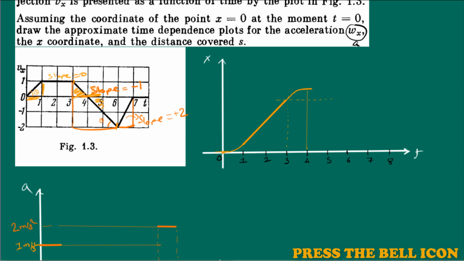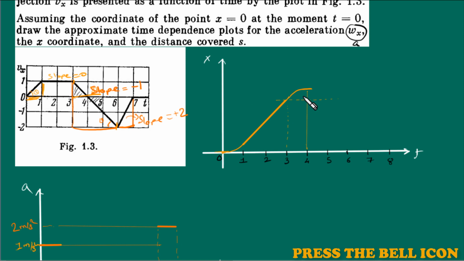If this is 0.5, then this is minus 0.5, right? This will cancel out. So whatever portion I am shading, both have equal area, and we know that area under the velocity time graph gives displacement. So from 3 to 5 second, net displacement will be 0.